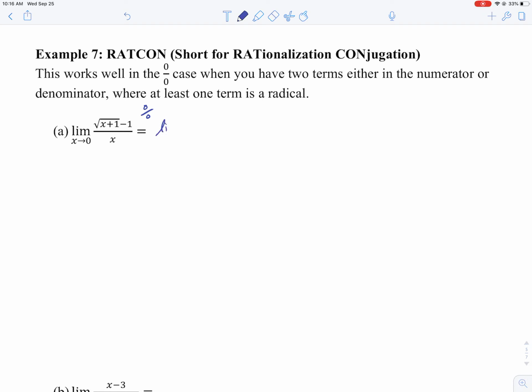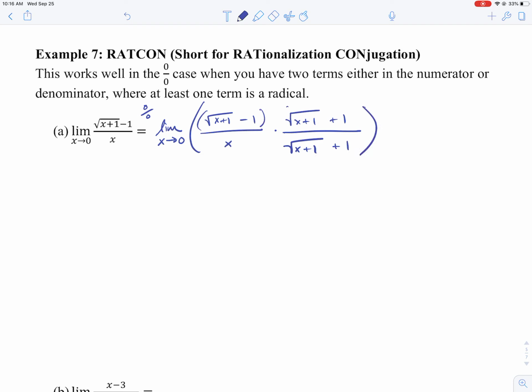So what I'm going to do is try and rationalize the numerator by multiplying by the conjugate. And the conjugate of the numerator would be the square root of x plus 1 plus 1 over itself, right? That's the same thing as multiplying by a version of 1, which you're allowed to do. It might be helpful to put parentheses just to remind yourself that the division bar is a grouping symbol.